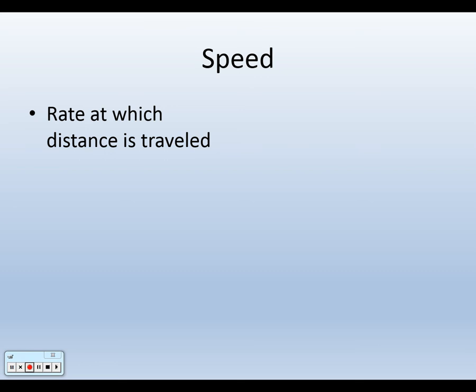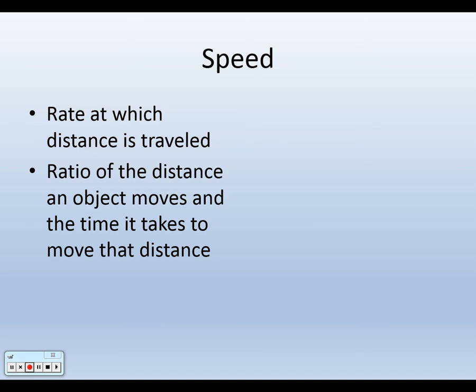Over time. Something over time. Okay? Speed is a ratio between the distance that something moves and the time that it takes to move that distance. Anything we describe as a rate is measured over time. Speed is specifically the distance that we travel over time.